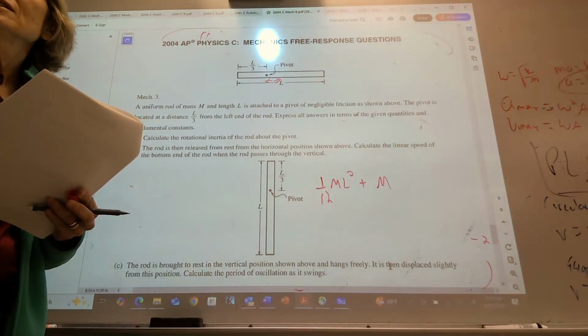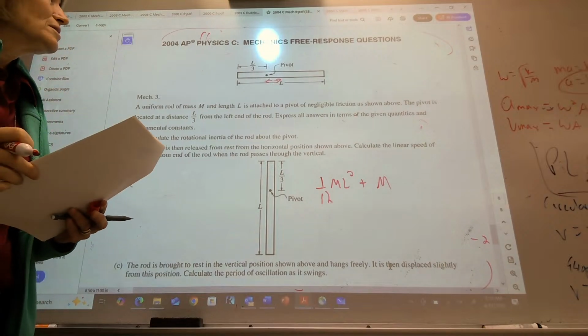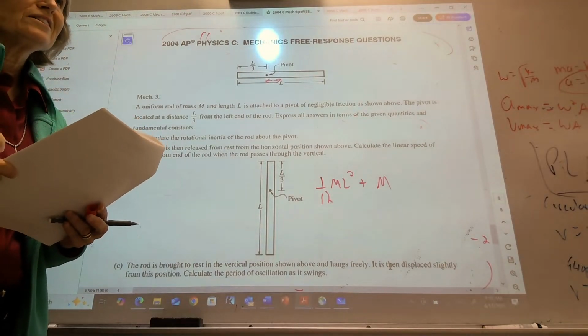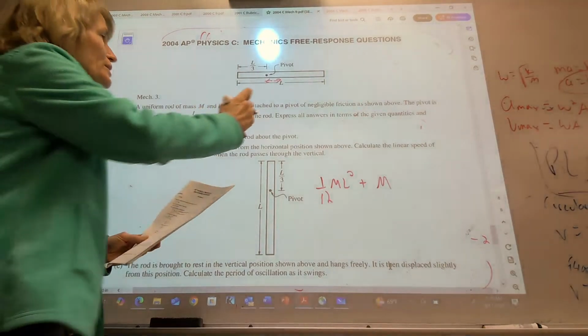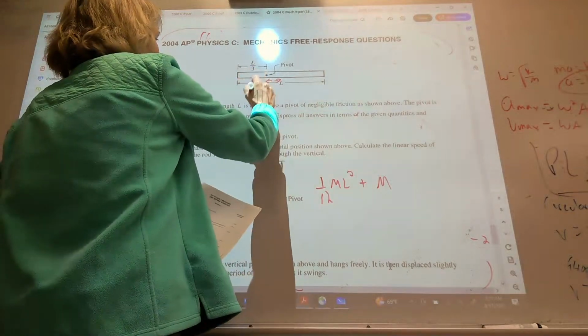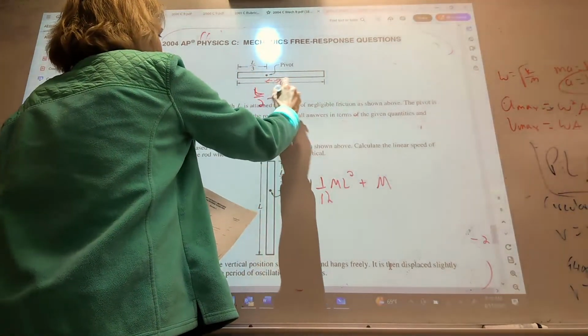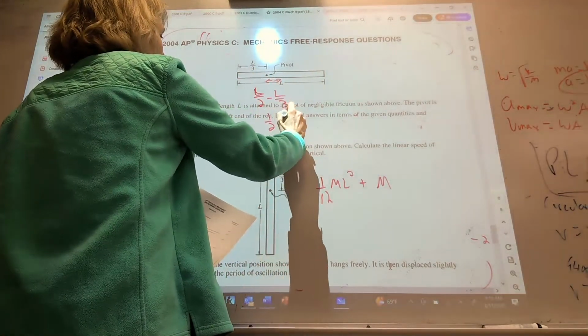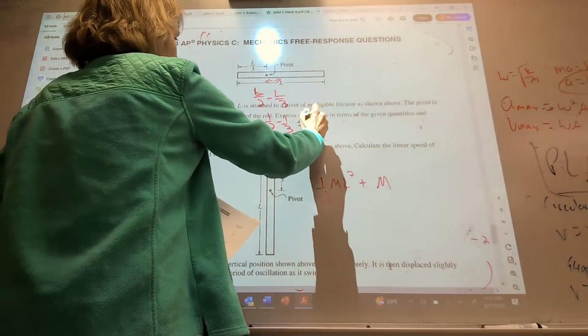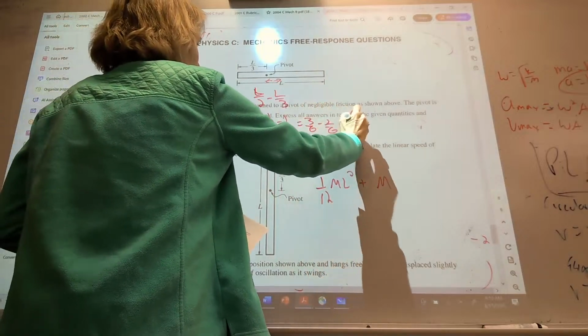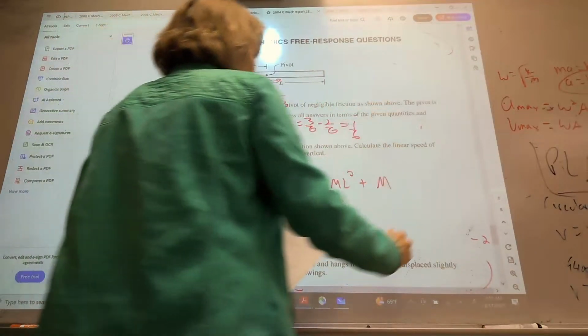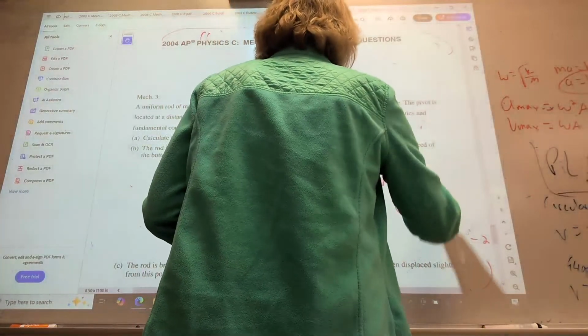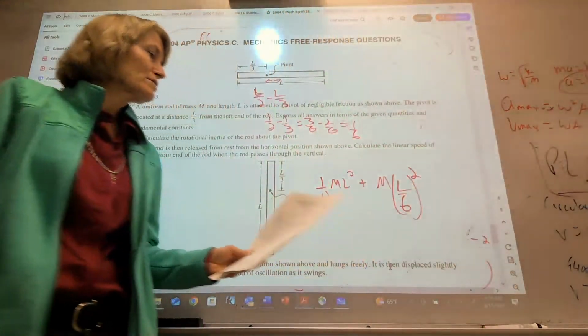Connor, do you know? Violet? 1/6. Right, so you have L over 2 minus L over 3, or I can just go 1/2 minus 1/3. You get your common denominator, that's 3/6 minus 2/6, which is 1/6. This is L over 6. Now that's quantity squared, so you have to simplify this.